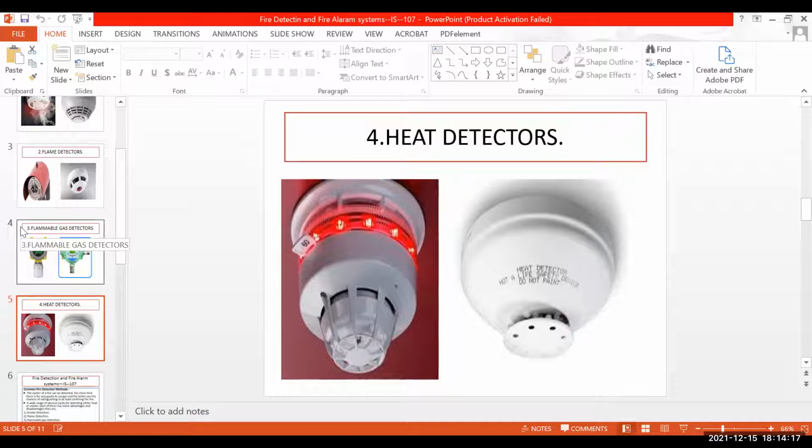Inspection as well as maintenance is needed, because with these smoke detectors as well as flame and heat detectors, in case of any dusting or painting, the alarm might start. Chances are high.